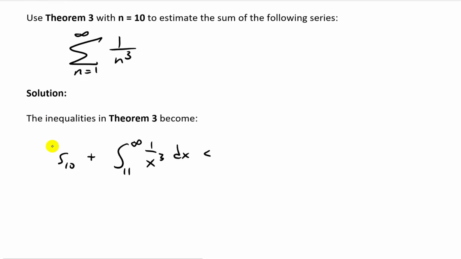This is less than or equal to S, and this is less than or equal to S10 plus the integral from 10 to infinity of 1 over x cubed dx, like that.